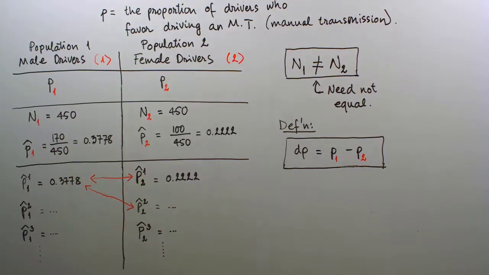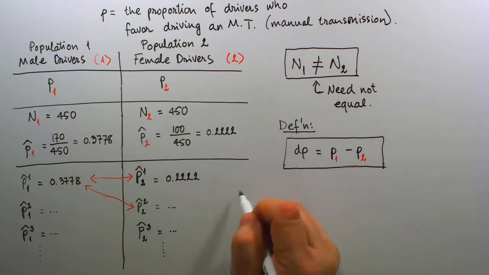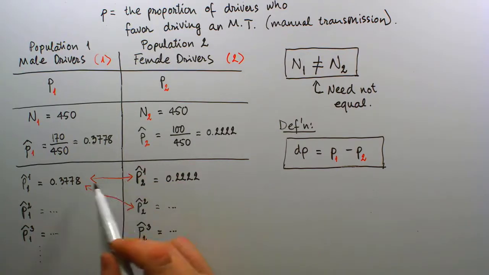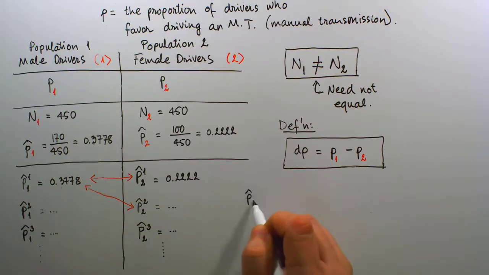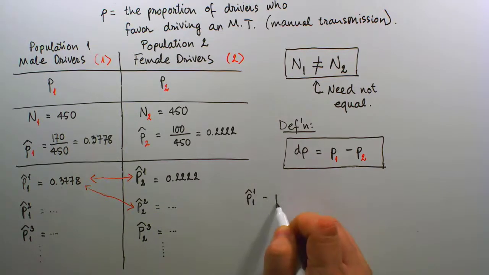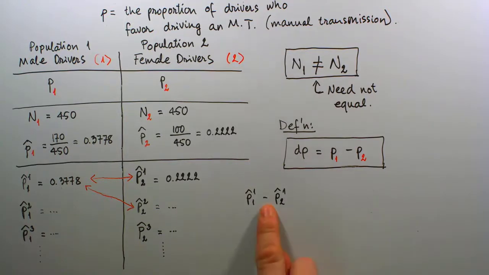And that difference represented by this connecting line is p̂1 first sample minus p̂2 first sample. So it's a different value.